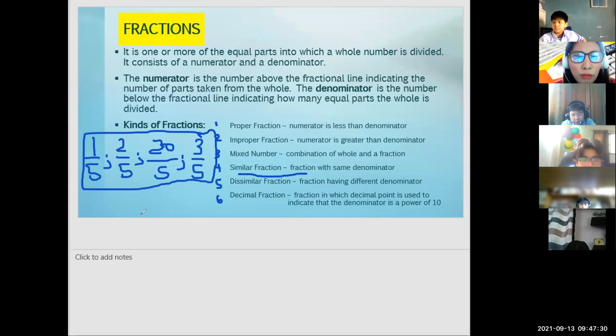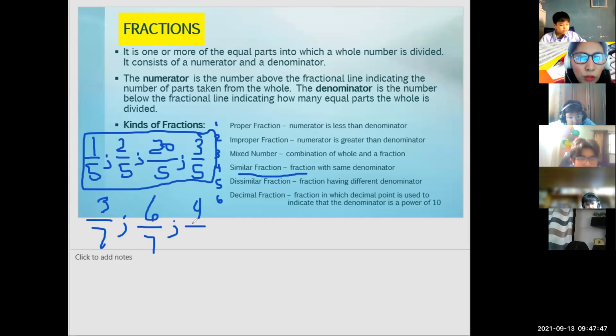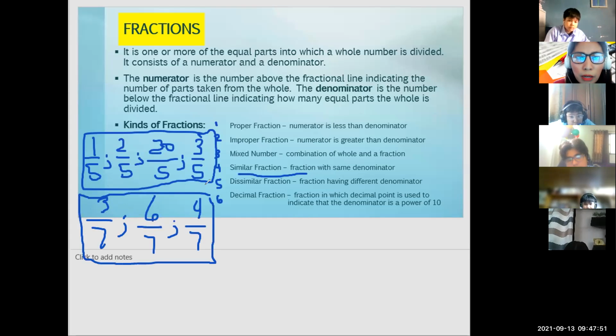So another example of similar fractions, let's say 3/7, 6/7, 4/7. There. These are another example of similar fractions because they have the same denominator.